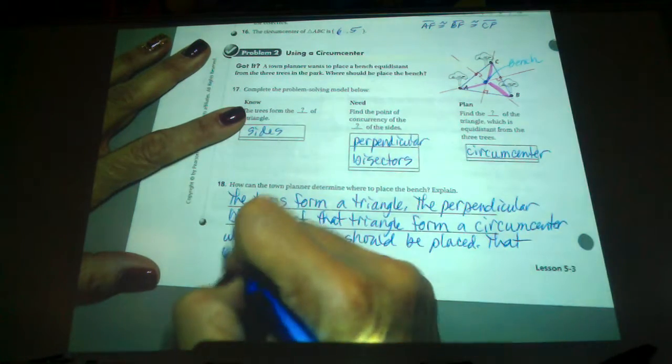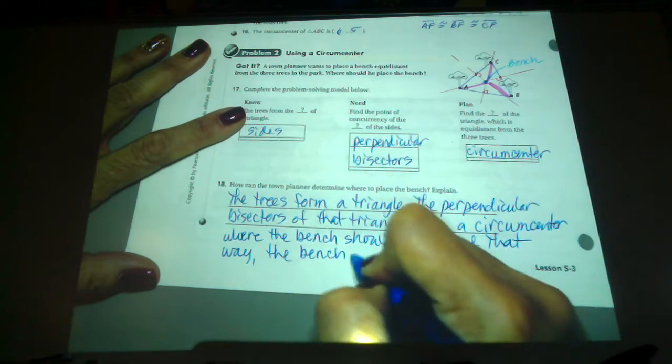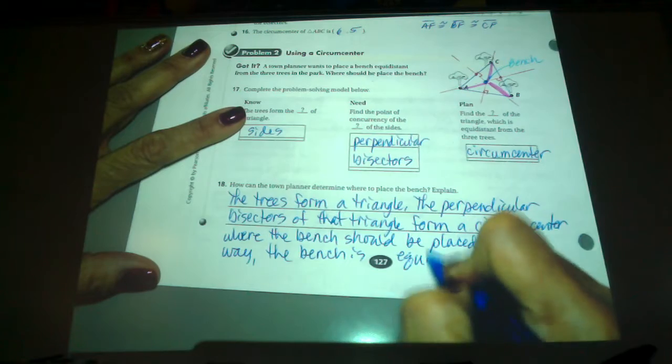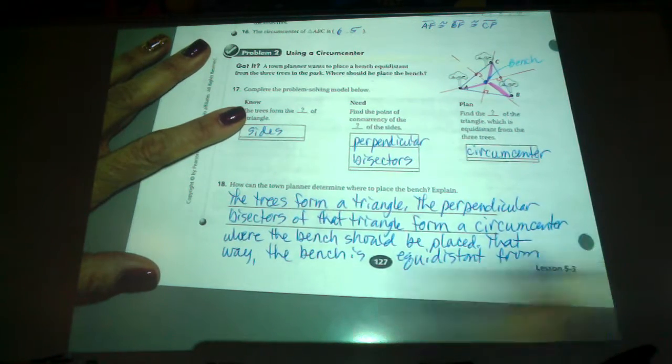That way, the bench is equidistant from each tree.